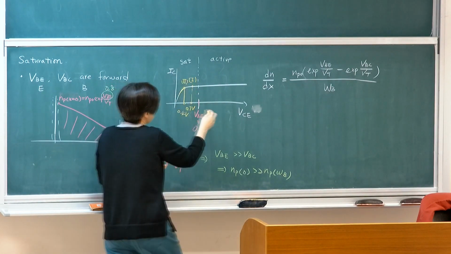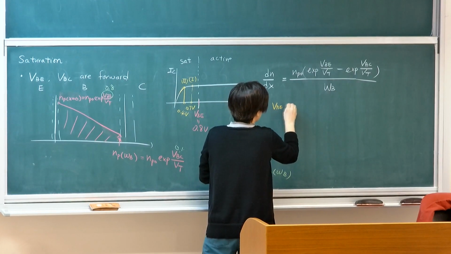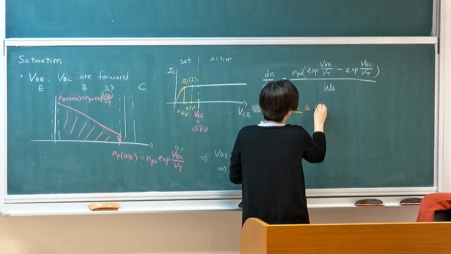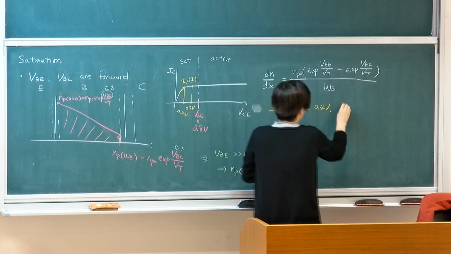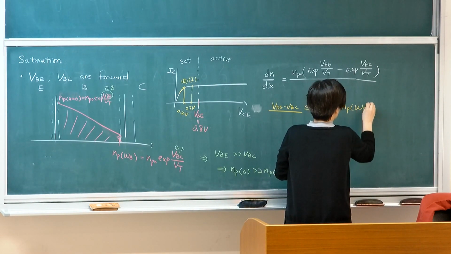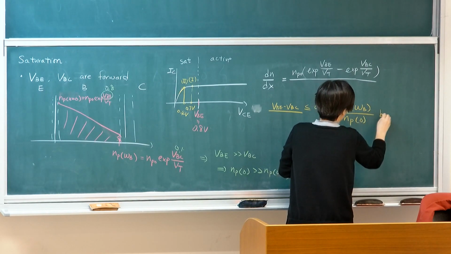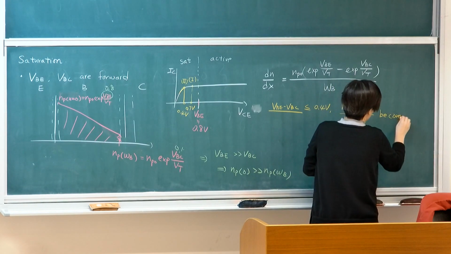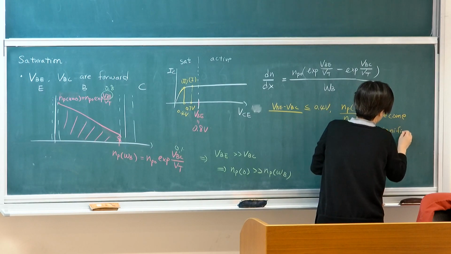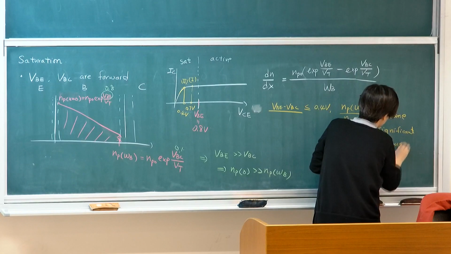So at 0.2, for example, when VBE minus VBC is typically smaller or equal to 0.4, NPB over NP0 becomes significant.